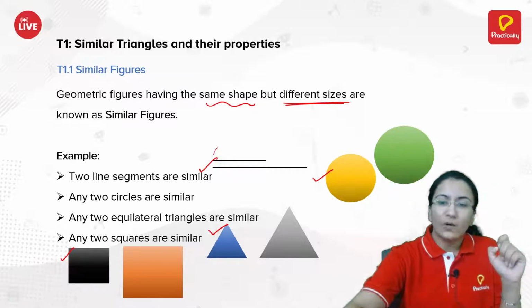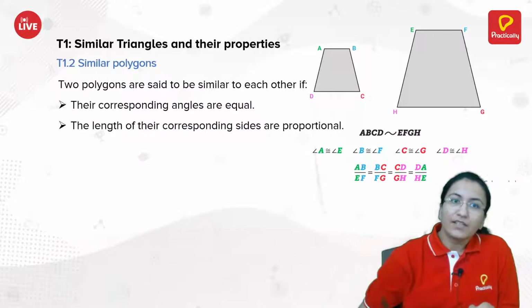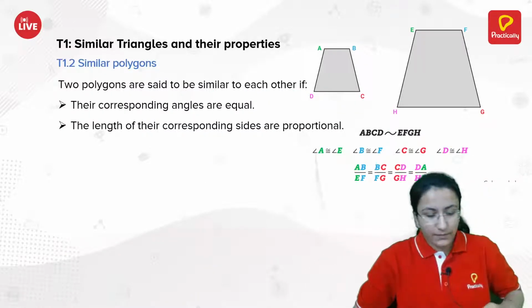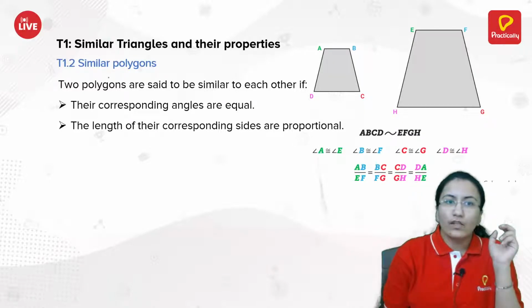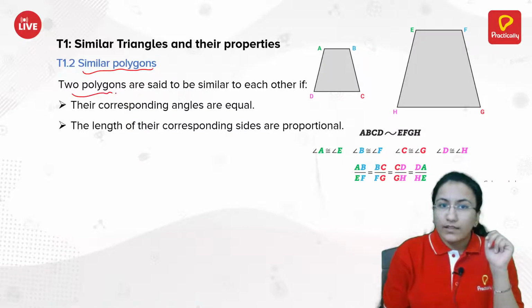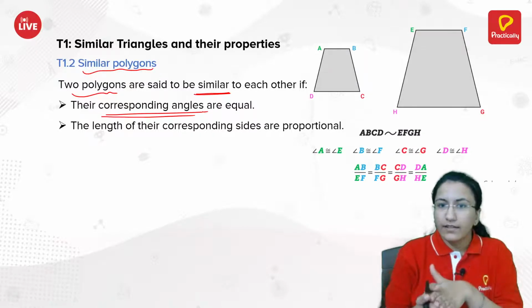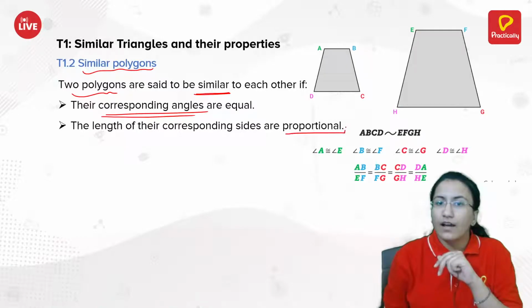So now coming towards similar triangles, right? A triangle is basically a polygon, so we will be discussing what are basically similar polygons. Any two polygons are said to be similar if their corresponding angles are equal as well as the lengths of their corresponding sides are proportional.